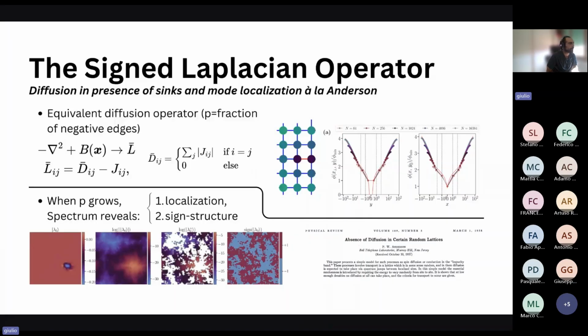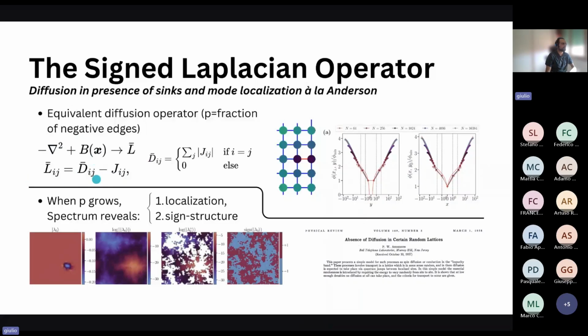To our help comes the signed Laplacian operator in the literature, which in the continuum is the same Laplacian of the underlying topological substratum plus an unspecified term that encodes the location of what we will call defects. They are really negative links in the discrete topology.